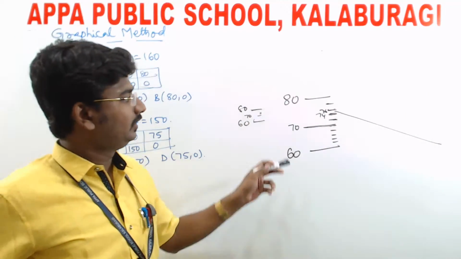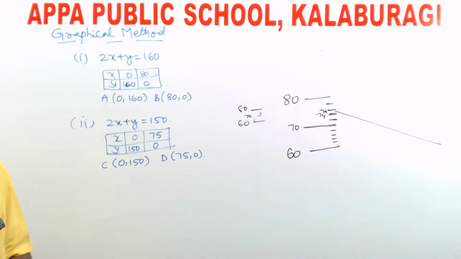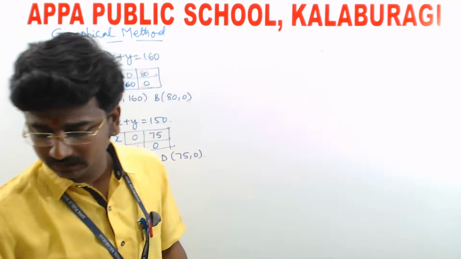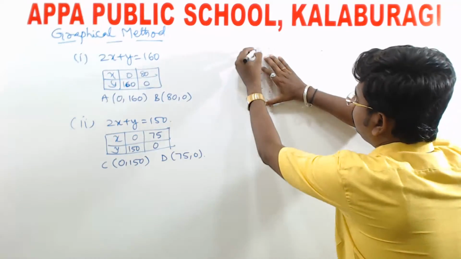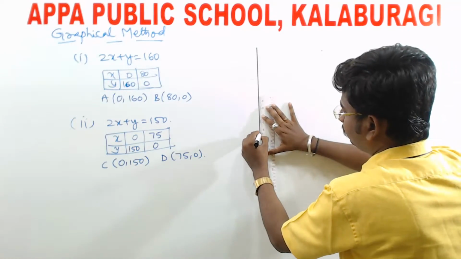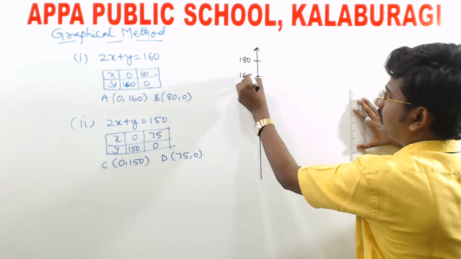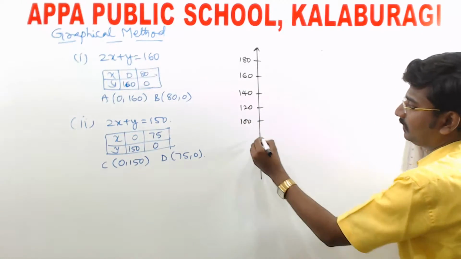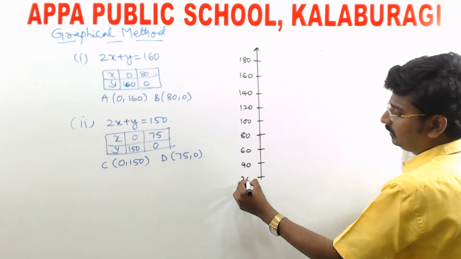So let me go for this 20, 40, 60. Shall I proceed with the graph? Yes, okay, thank you. So now when I go for the graphical solution, x-axis is for apples, y-axis is for grapes. 180, 160, 140, 120, 100, 80, 60, 40, 20.